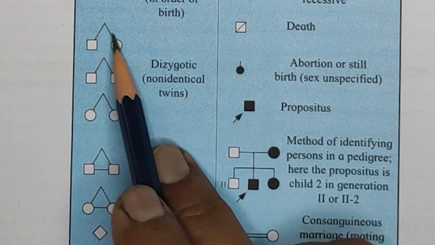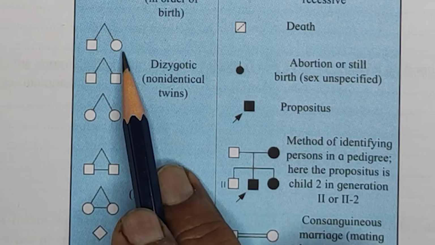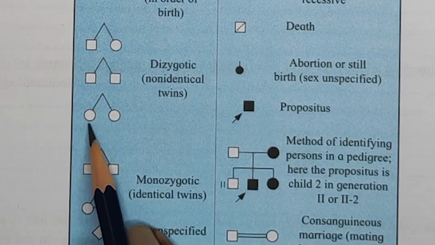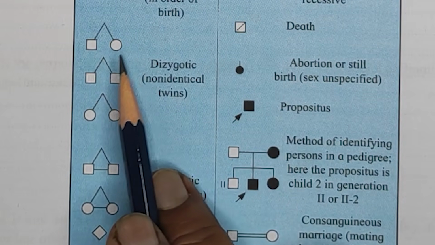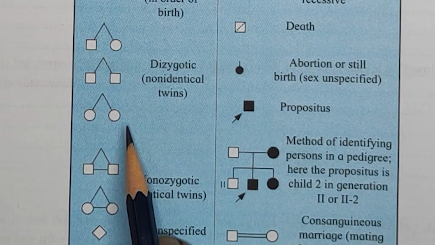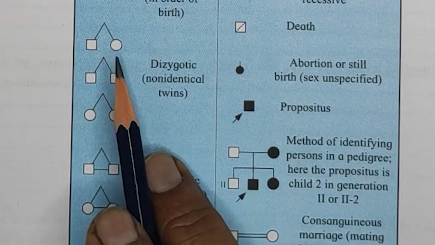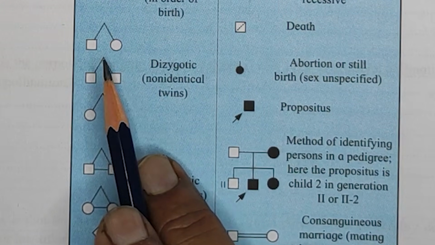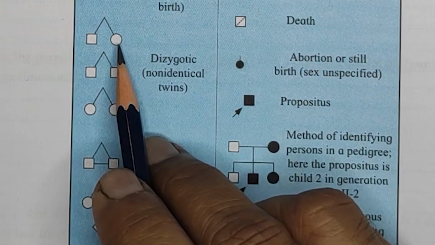Here, when the line is like that, it indicates that they are twins. Here also they are twins, and here also. But here both are not identical twins. क्योंकि इसमें 2 अलग-अलग eggs get fertilized, and that's why we get 2 different offspring.